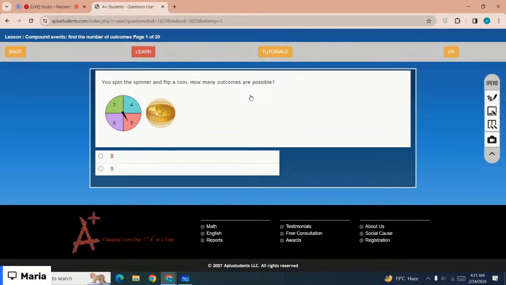You spin the spinner and flip a coin. How many outcomes are possible? So which is the correct option?